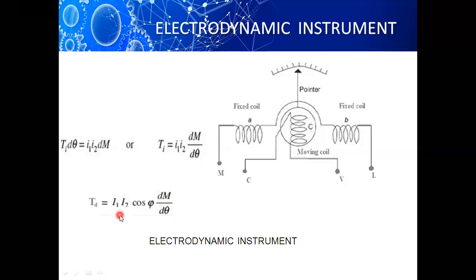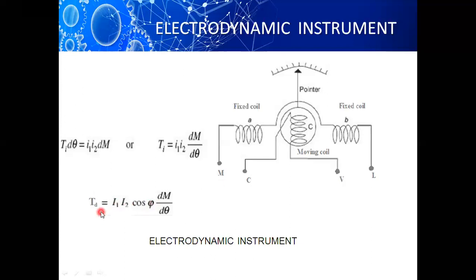Here I1 is the current through the fixed coil, I2 is the current through the moving coil, and cos phi is the cosine of the phase angle between I1 and I2.